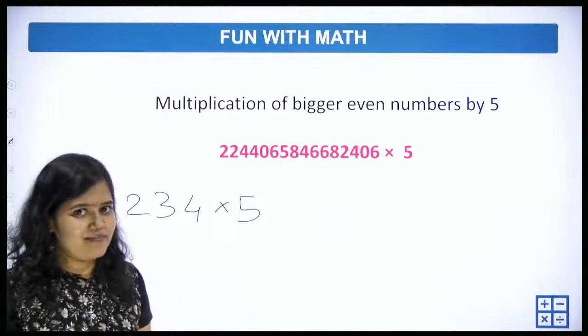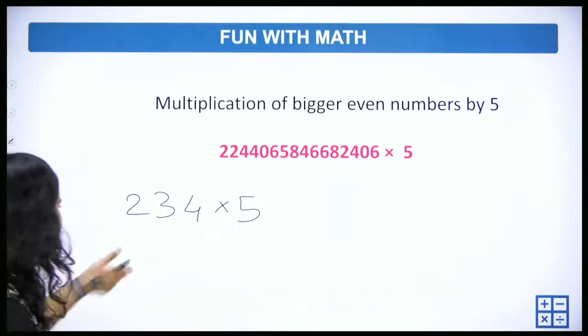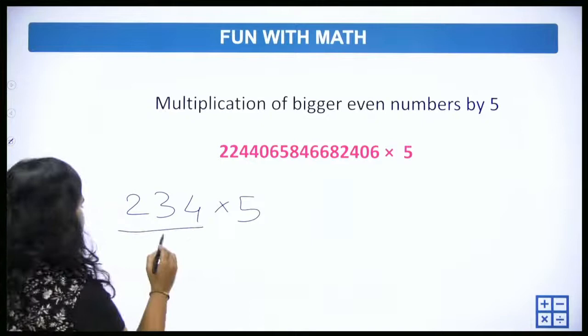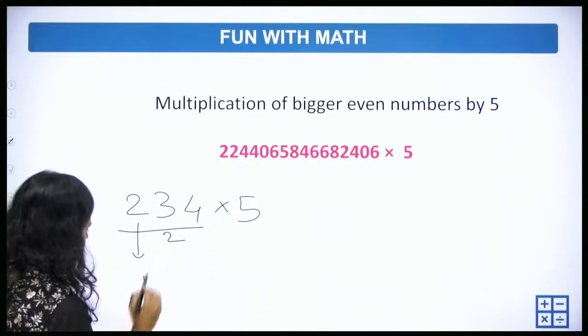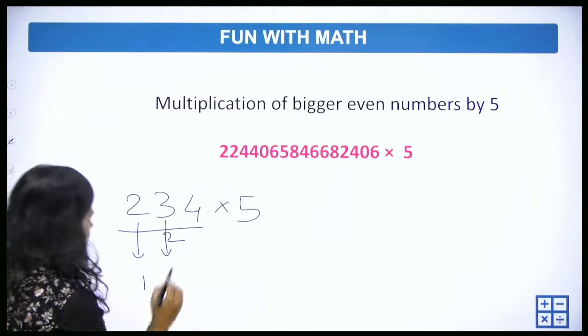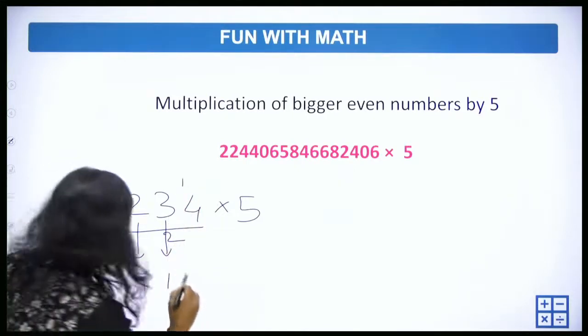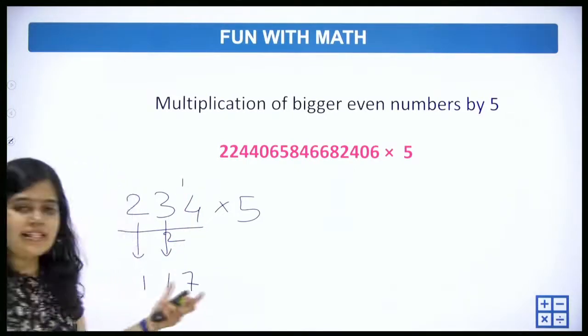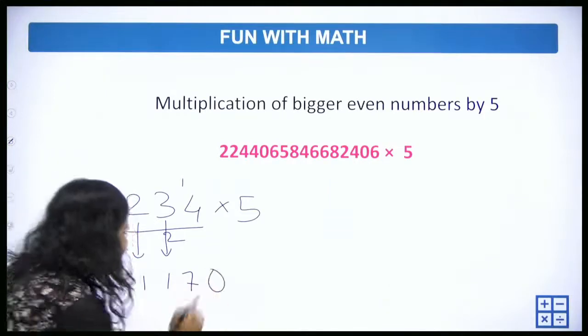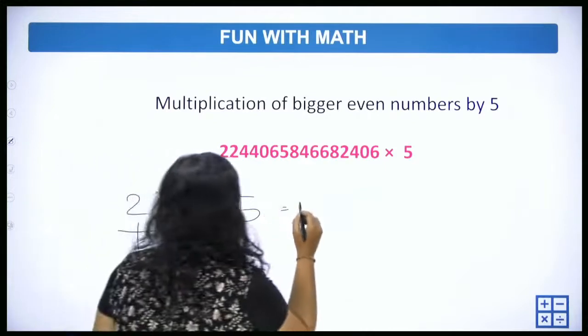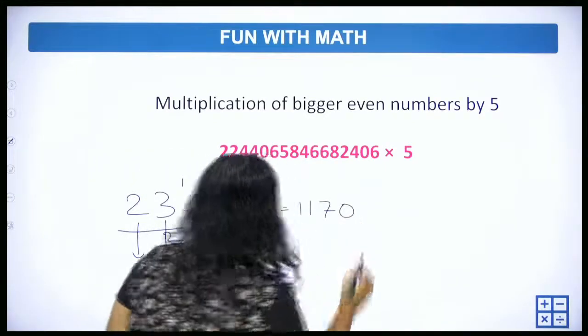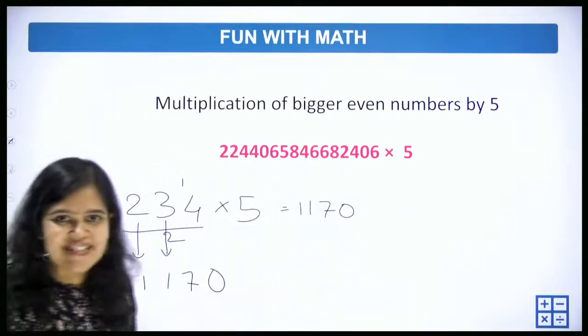This is an even number. First, let's find the division by 2 here. So 234 by 2. 2 becomes 1, 3, so it becomes 1. And 1 gone, 14, so this is 7. 117 and just put 0. So the answer is 1170. Right. Isn't it interesting?